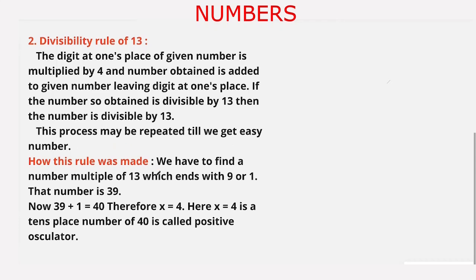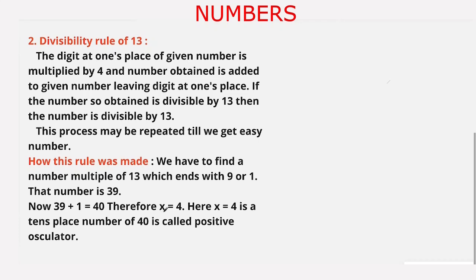How this rule was made? We have to find a number multiple of 13 which ends with 9 or 1. That number is 39, because in 39 the number is ending with 9. Now 39 plus 1 equal to 40.